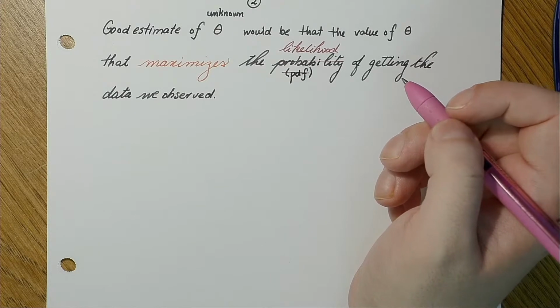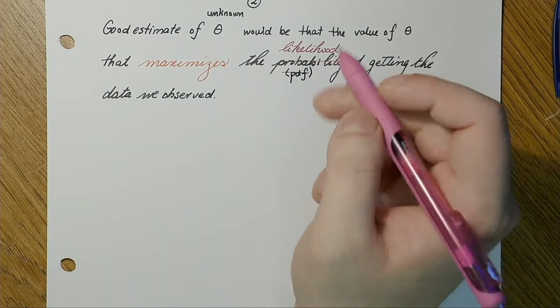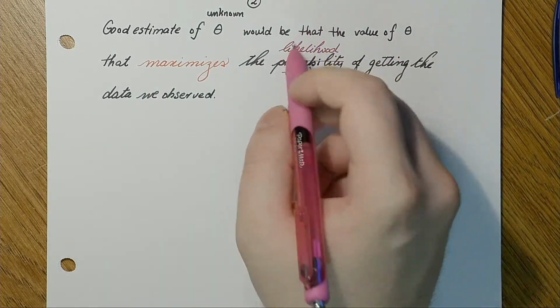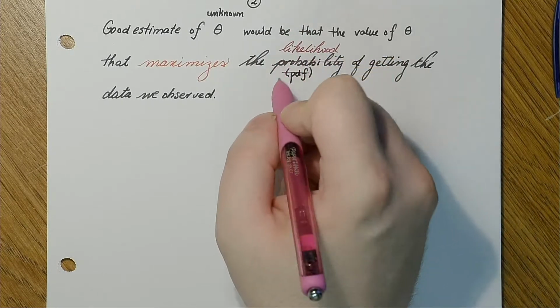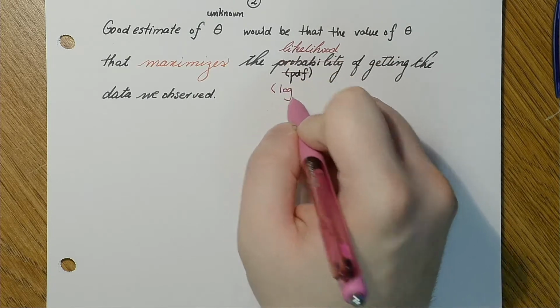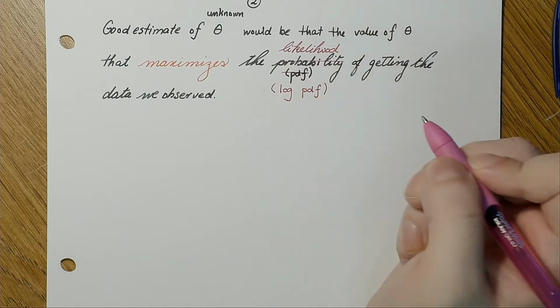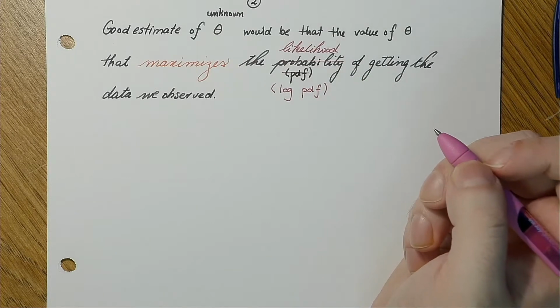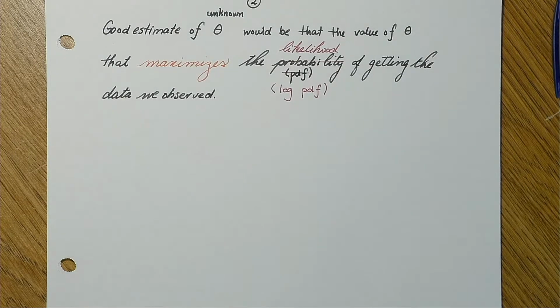So when somebody says, what's the likelihood of something, they probably mean probability. But in math, because we're trying to maximize something, the likelihood actually means essentially the log PDF. So what we do is we apply the natural logarithm to the PDF, and that gives us some nice properties that we can exploit and manipulate.